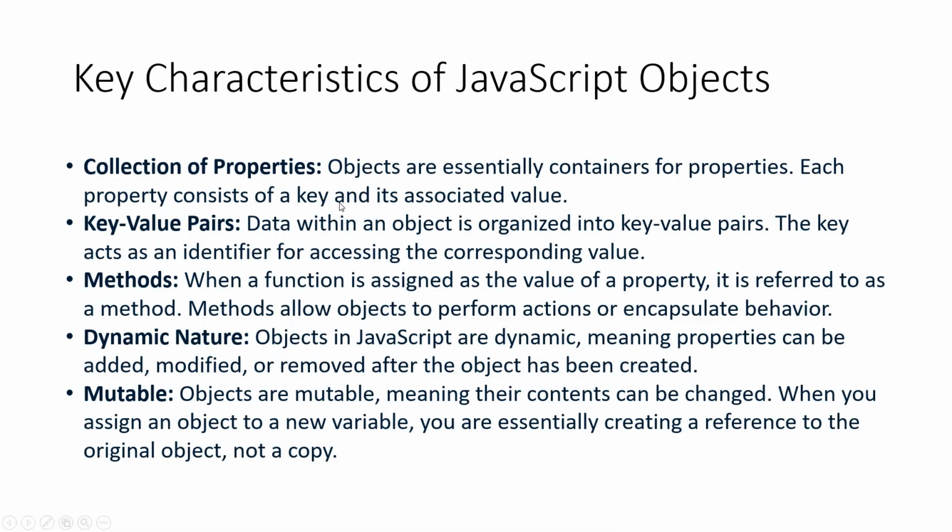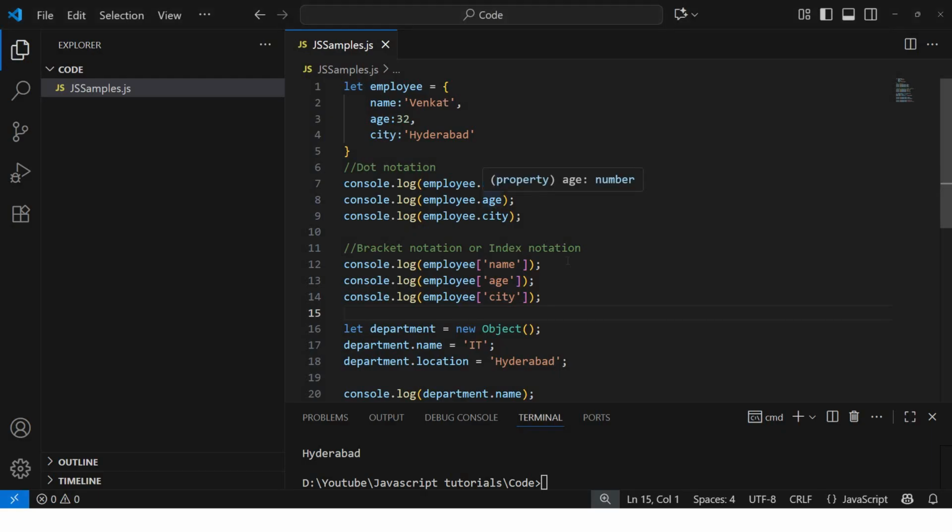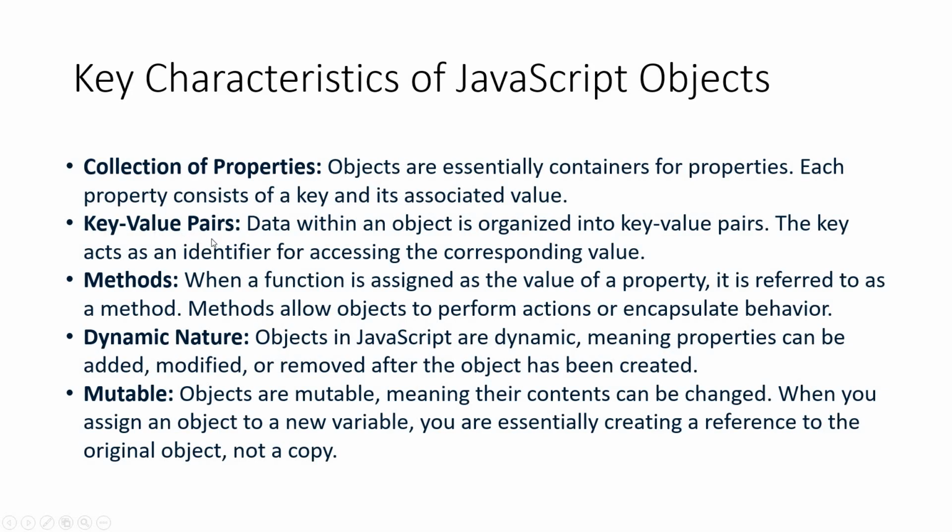Each property consists of a key and its associated value, so key and value, key and value. An object is a collection of key value pairs. Data within an object is organized into key value pairs. The key acts as the identifier for accessing the corresponding value.